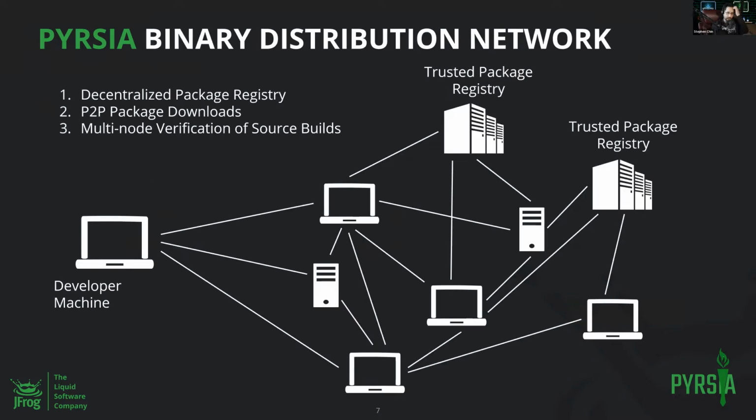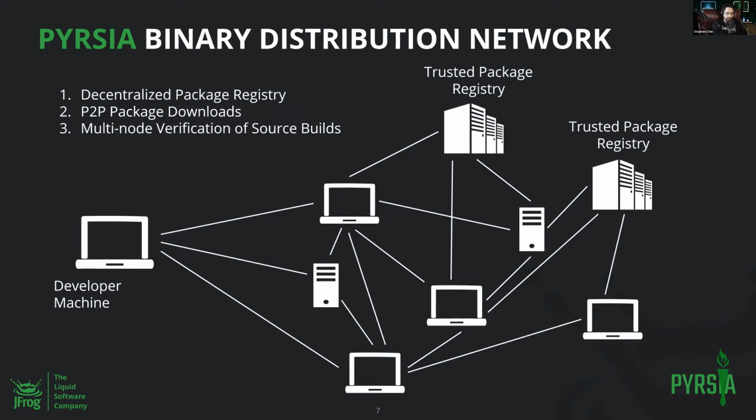The basic architecture is that whether you're a developer, whether you're somebody running a server, or whether you're somebody running a trusted package registry, you can participate in this network. You can share your binaries across the network. We'll have a transparency log, so you know everything you're getting is fully secure and validated by different parties.